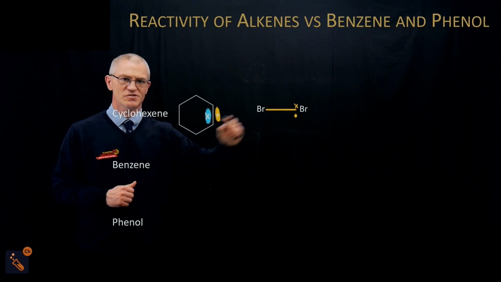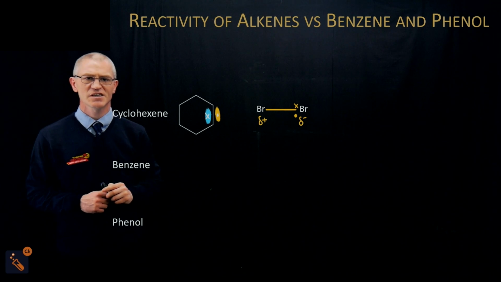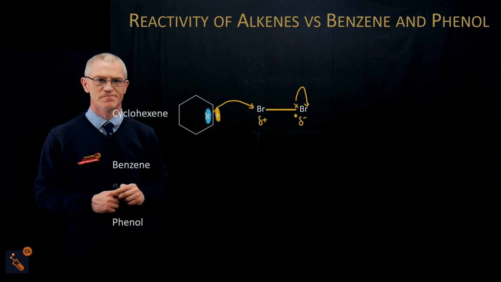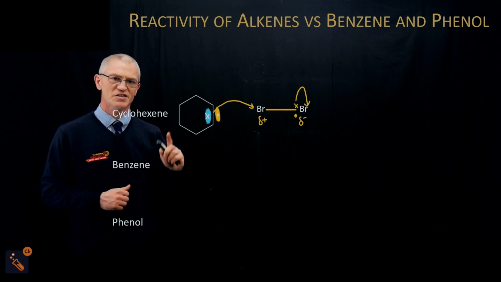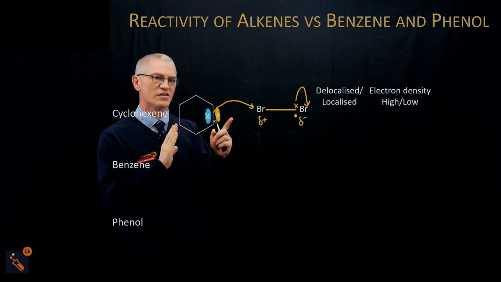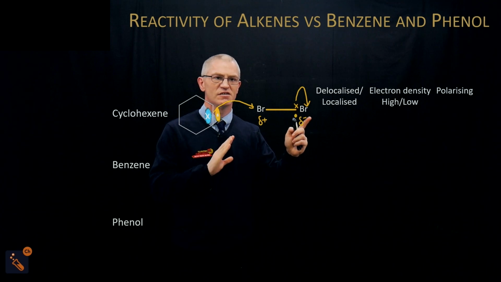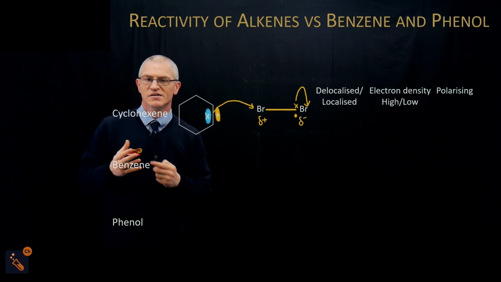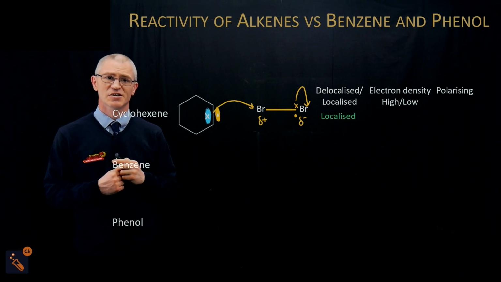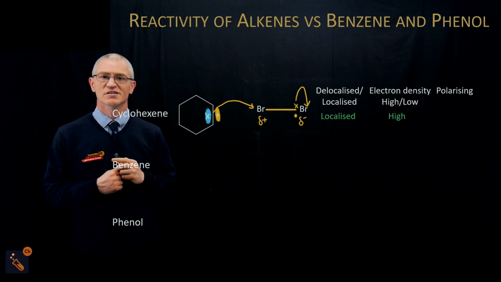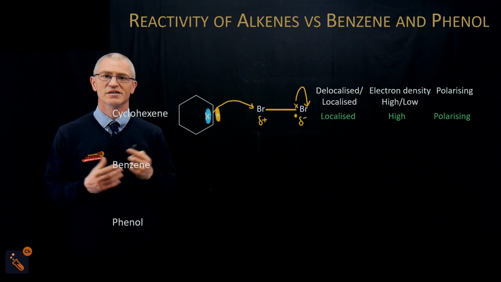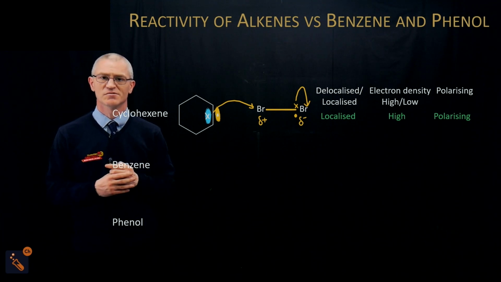That polarizes, forces those electrons away, giving you a dipole, and your mechanism is there. So if we start thinking about that, the question said, is it delocalized or localized? Has it high or low electron density? Is it polarizing or not? So in your answers to this question, just answer those three questions. So first of all, it is localized, it does have a high electron density, and it does polarize the bromine. That's 1 or 2 marks straight away in a very large 5-6 mark question.